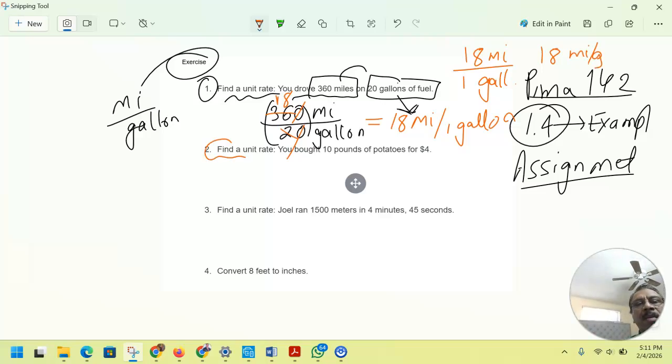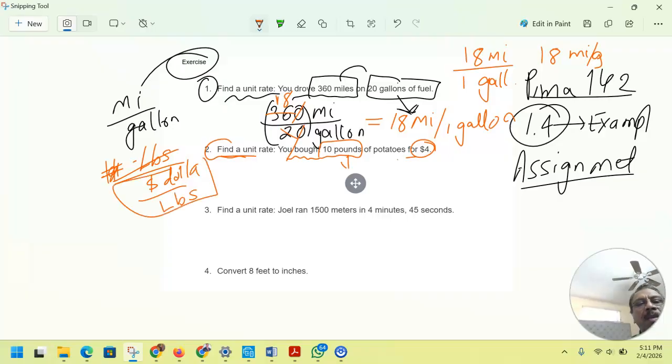Now the second question: you bought 10 pounds, you paid $4. So every 1 pound, how much is the cost? To find the unit rate, the money that you spend will be in dollars on top, and the bottom will be the number of pounds.